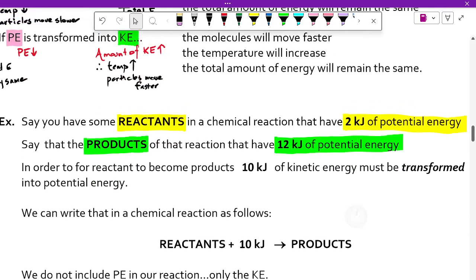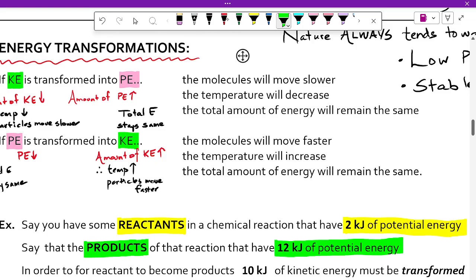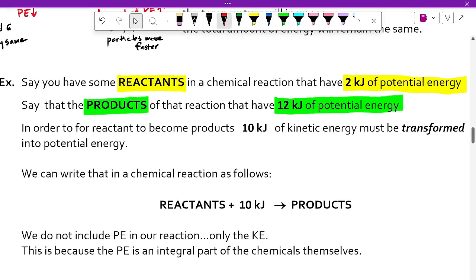What that means is that you must have your reactants, which have 2 kilojoules of potential energy, and your products, which have 12 kilojoules of potential energy. And remember, energy is neither created nor destroyed. So if we have 12 kilojoules on the right-hand side, how many kilojoules do we have to have in the reactants? 12 kilojoules.